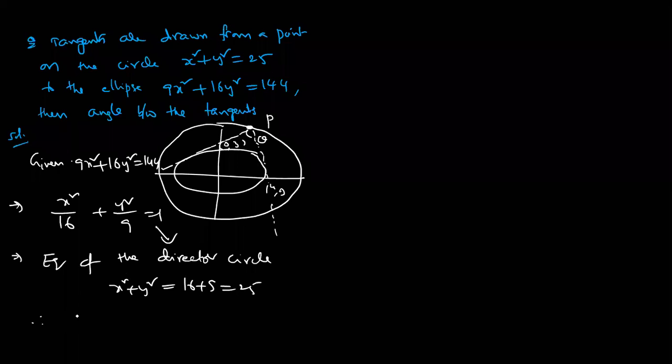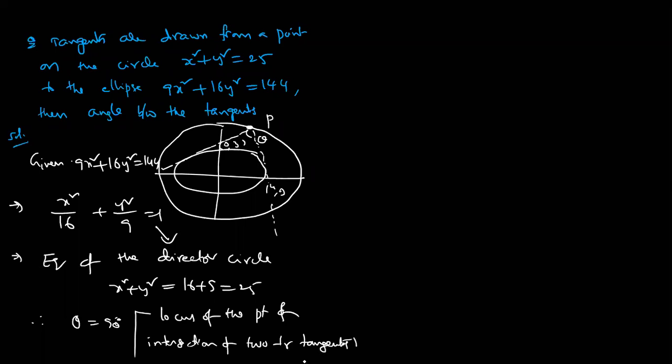Therefore, theta is 90 degrees. Why? Because the locus of the point of intersection of two perpendicular tangents drawn to the ellipse is the director circle.